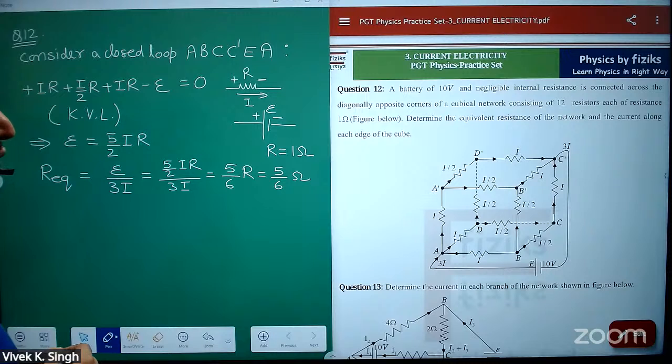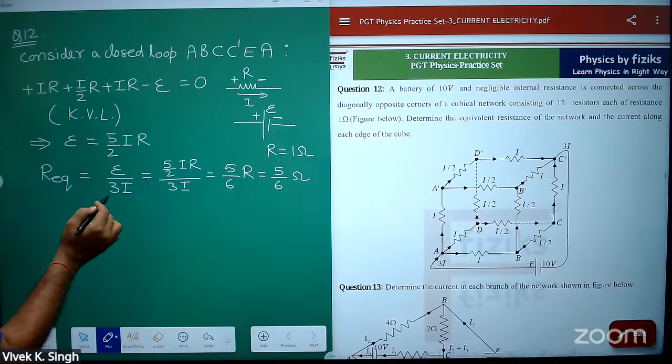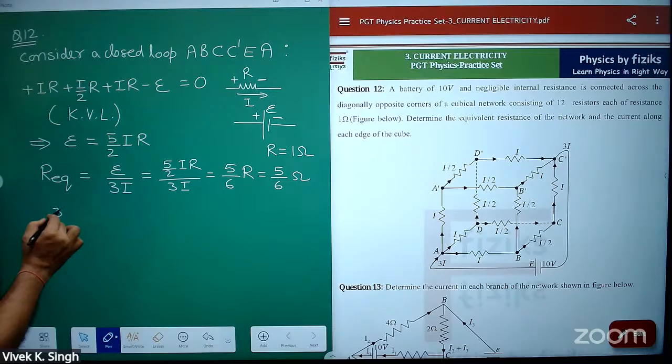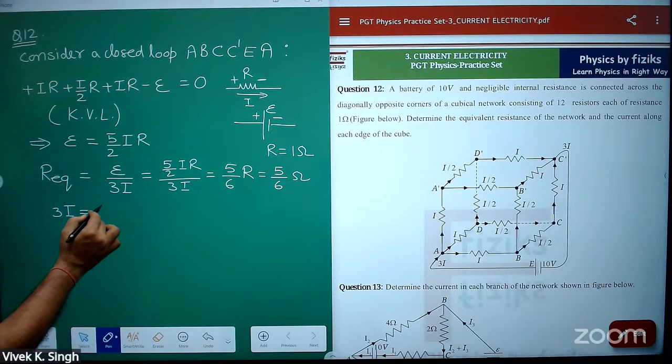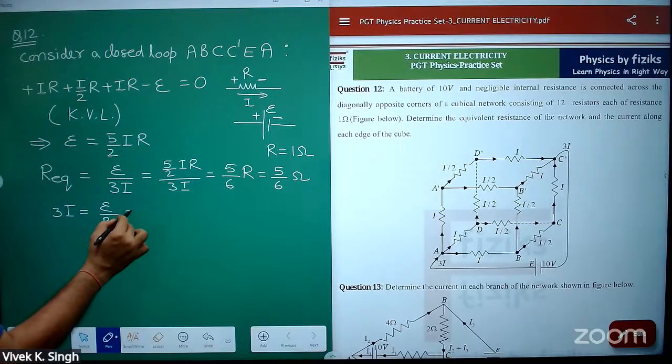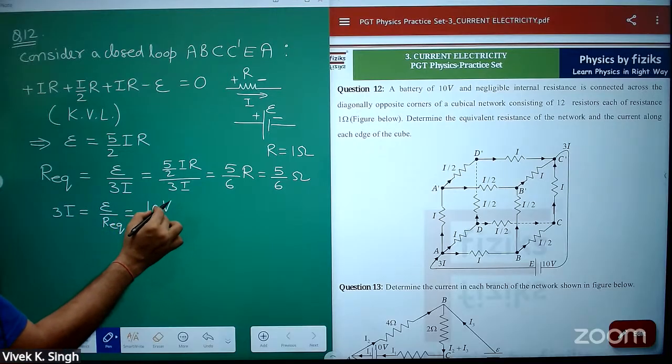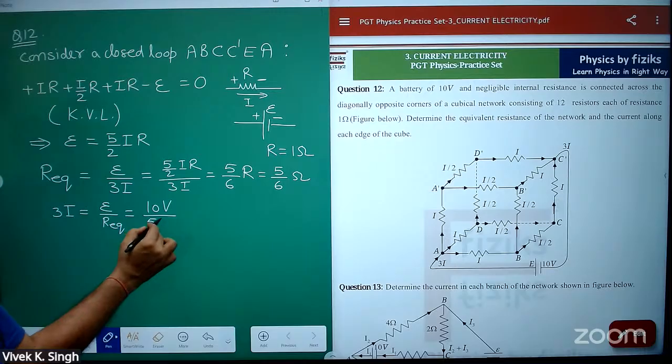So that is the equivalent. And find the current along each edge of the cube. So what will be the current? Current will be given by 3I, which is E by R equivalent. E is equal to 10 volt, and this is 5 by 6.